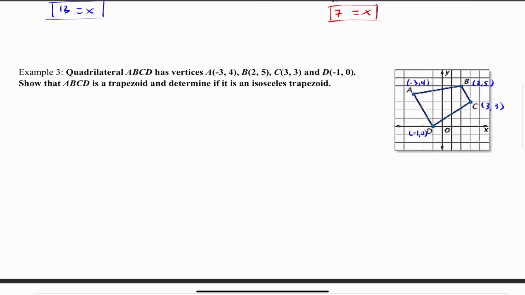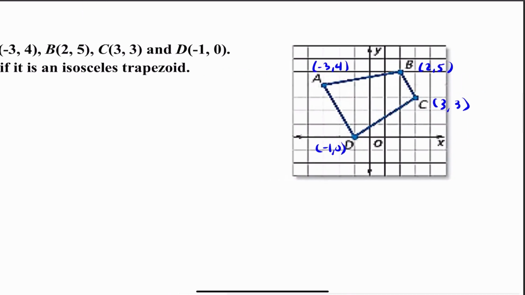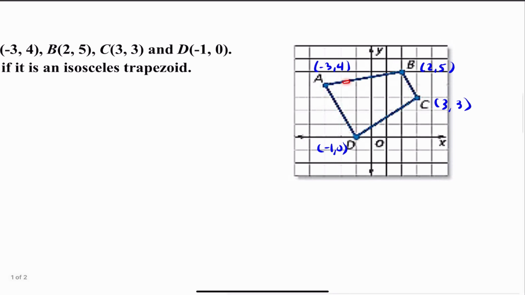Okay, so what I need to do is prove that this figure is a trapezoid. And remember, a trapezoid is a quadrilateral with one pair of parallel sides. So these are my sides: this side, this side, this side, and this side. If I can show that these sides here are parallel and these sides are not, then this is a trapezoid, okay?